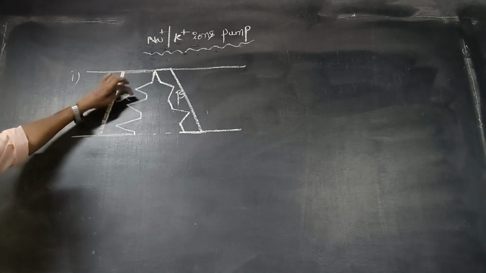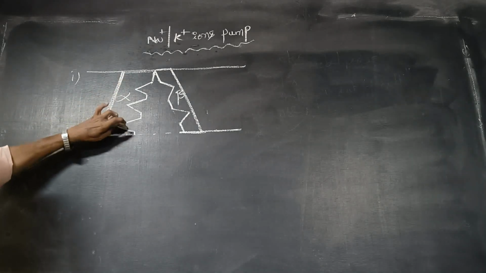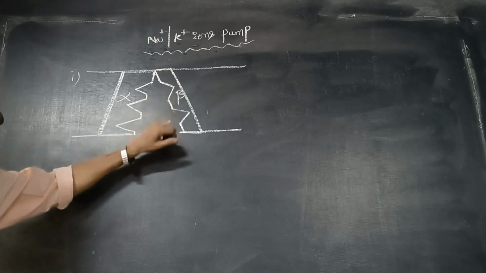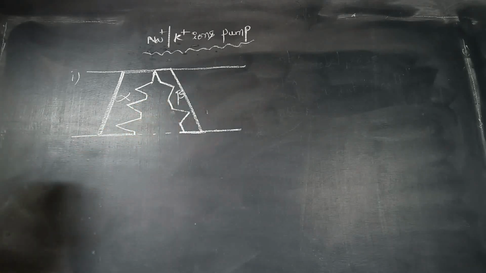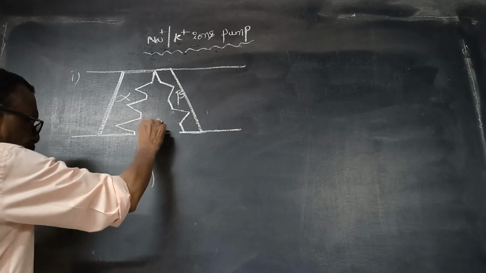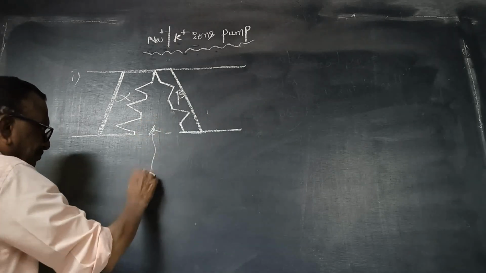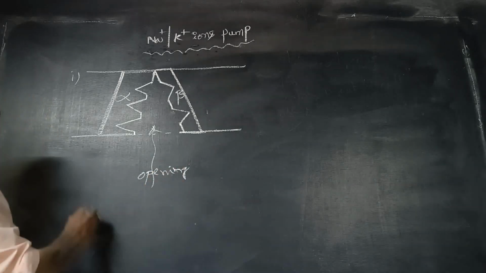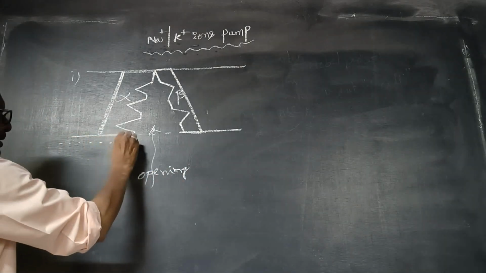It has 3 sites for accommodating ions, and here we have 2 sites only for accommodation of these ions. Now this is called the opening. Okay. Now here I am drawing dotted lines.